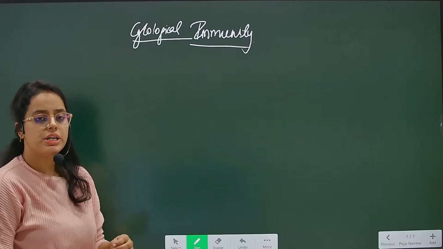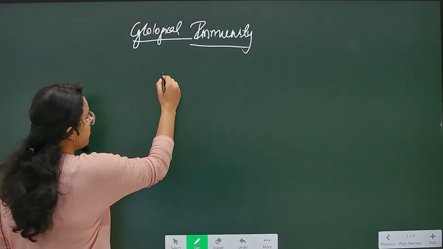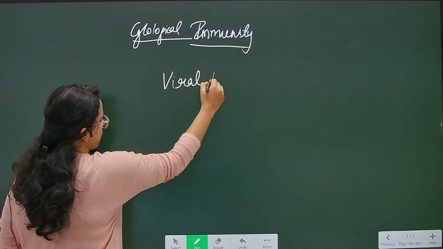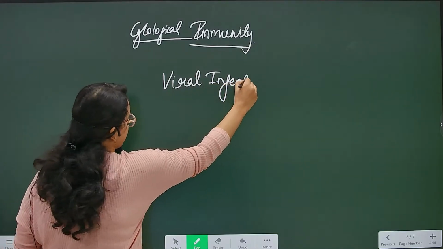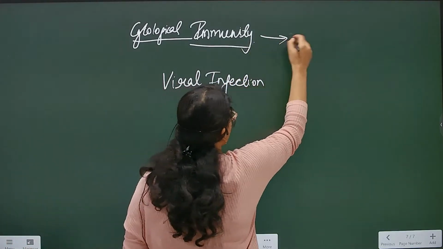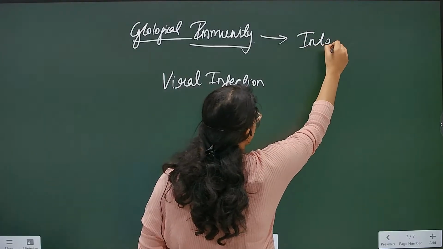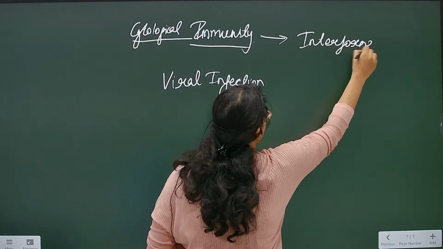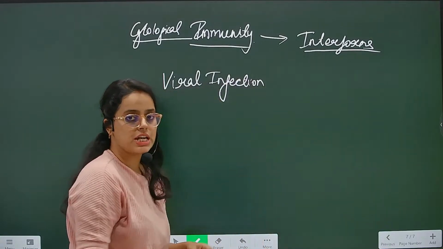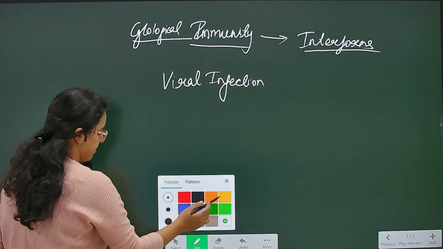This type of immunity is specifically seen in viral infection. And what are the interferons? Interferons are the ones which prevent viral infection. Let us see how it happens.